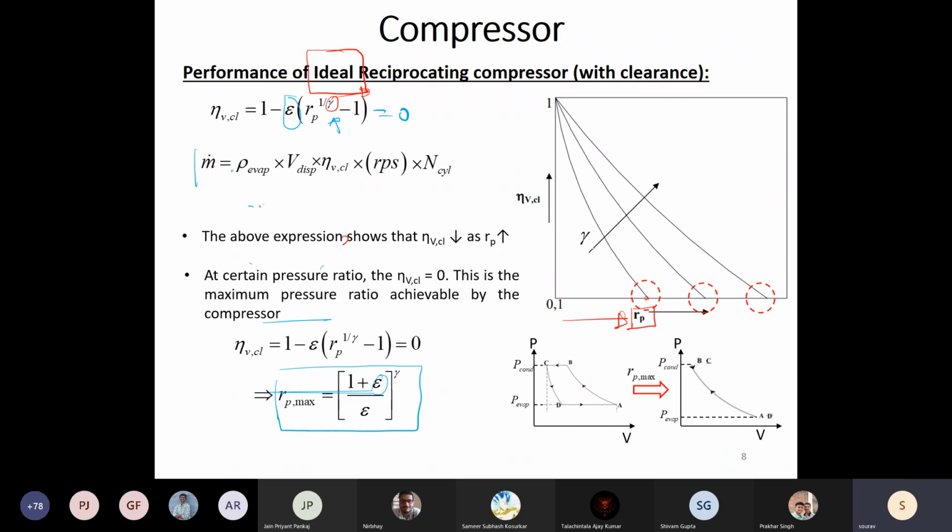When you see your ACs, you will see some sticker. It can operate at 52 degrees C ambient condition, or it can operate at 60 degrees C ambient condition. What they are mentioning indirectly is this maximum pressure ratio.